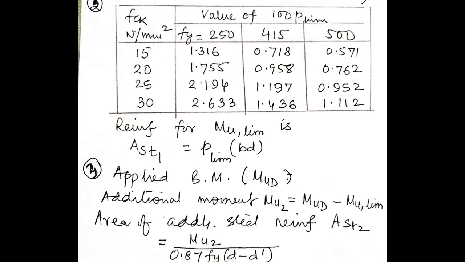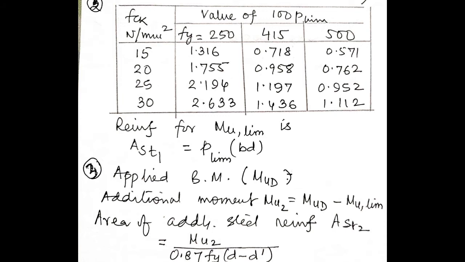So from this table we have to find out the value of pt, that is the percentage of the steel reinforcement required for the beam. For example, if we are using Fe 415 steel and M20 grade of concrete, which value should we take? First you go for the M20 concrete. What is the fck? 20.